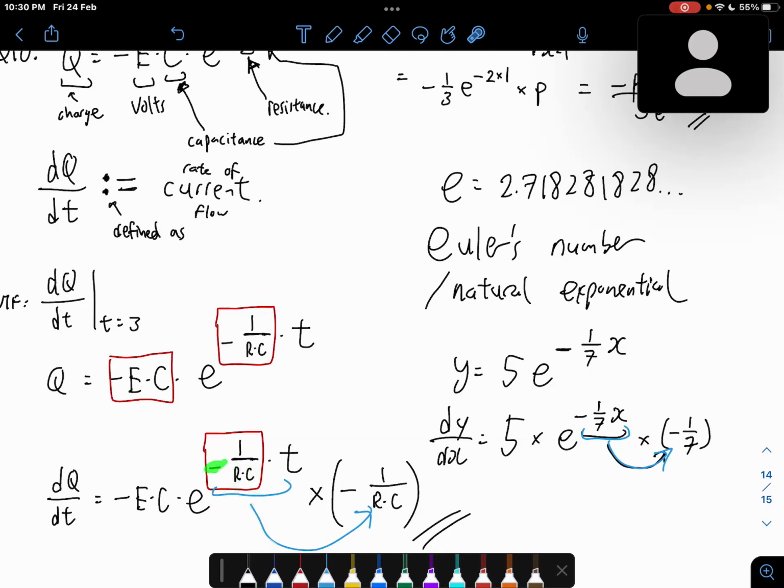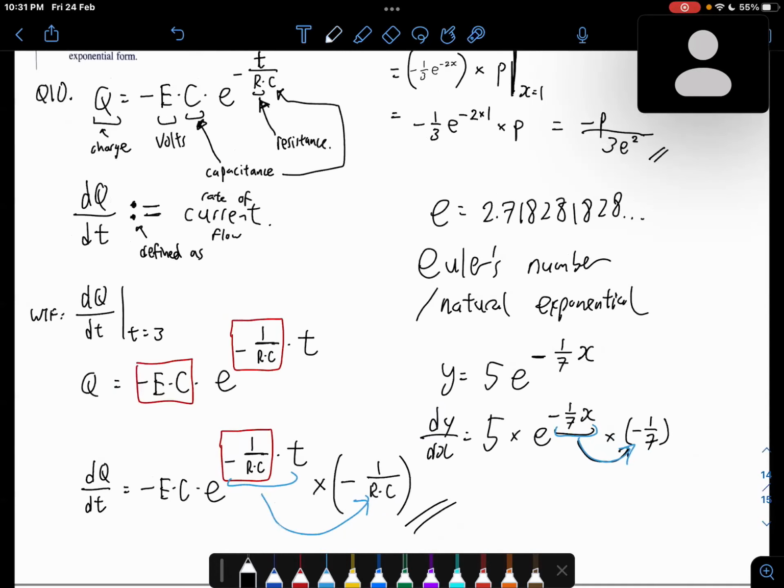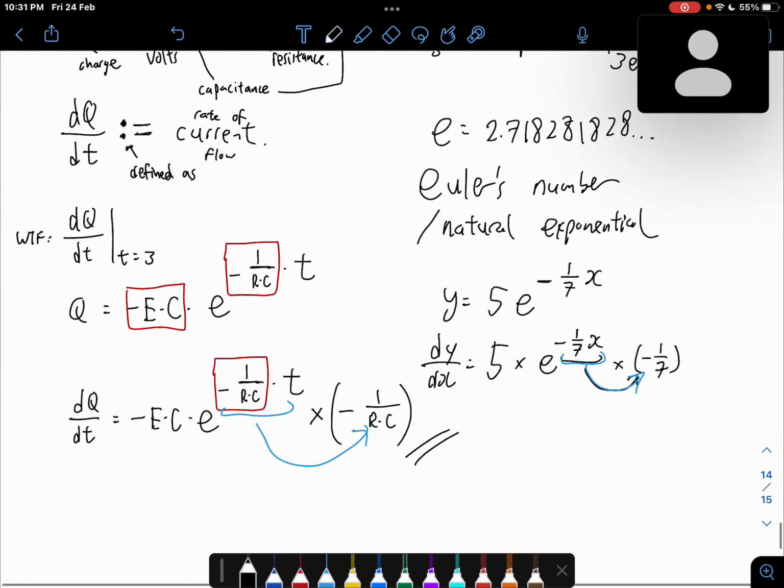Number times t, how do you differentiate that? It's just the number itself. And then you're done. But we actually need dq by dt given t equals 3, right? So the last step, substitute t equals 3. Done. And leave everything in terms of e, r and c.